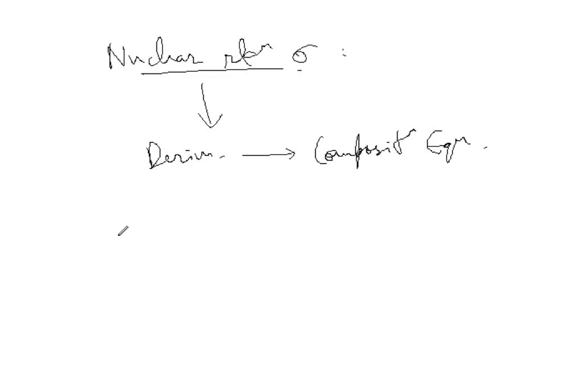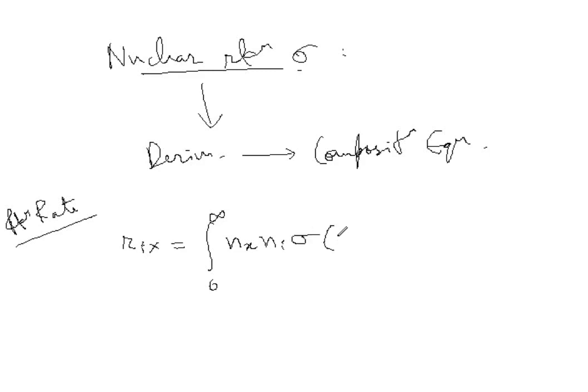I am just going to write down the result here. So basically the result which we derived there, the reaction rate, was written like this: R_ix is equal to N_x N_i, two species, so reaction rate between species i and x, then the cross section sigma(E), followed by the velocity.